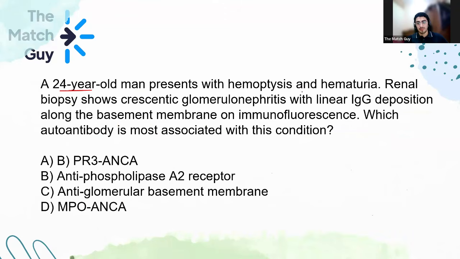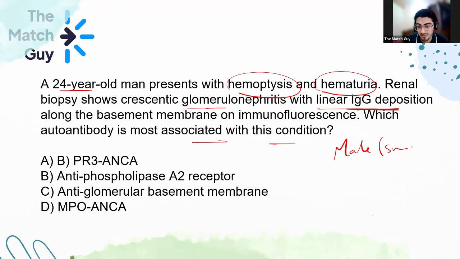A 24-year-old man presenting with hemoptysis and hematuria. Renal biopsy shows crescentic glomerulonephritis with linear IgG deposition. Which autoantibody is most associated with this condition? Amazing. So a male patient who is probably a smoker, presenting with hematuria and hemoptysis.